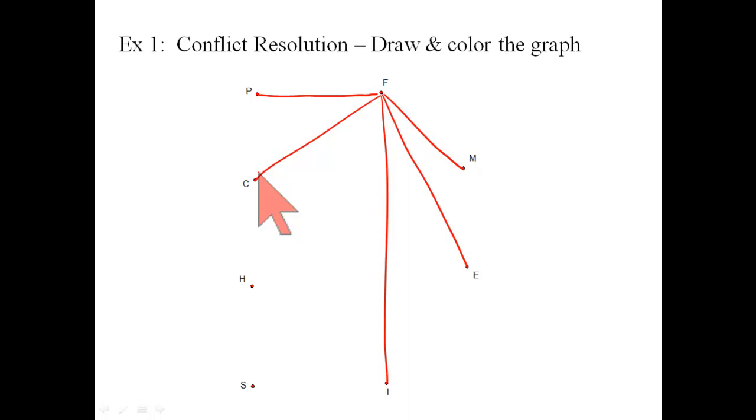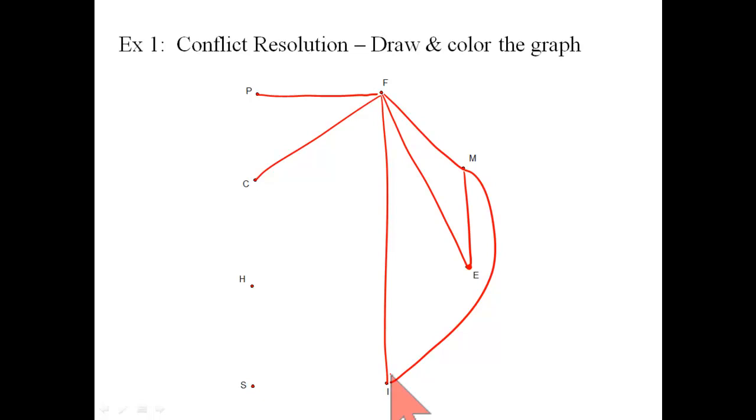Let's go on to math. Math and French. There was a student in common, but I've already drawn the edge for that. Math and English, yes. Math and Italian, yes. Let's see, what else?